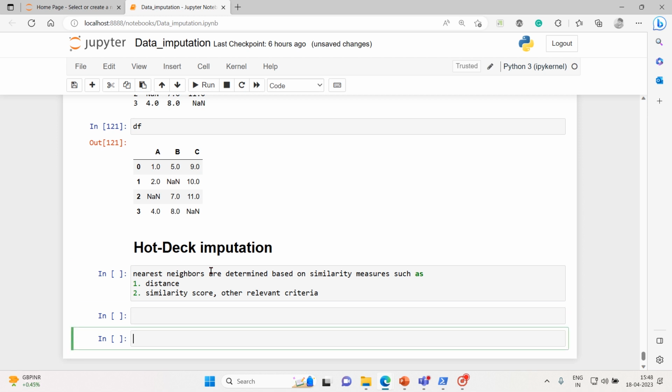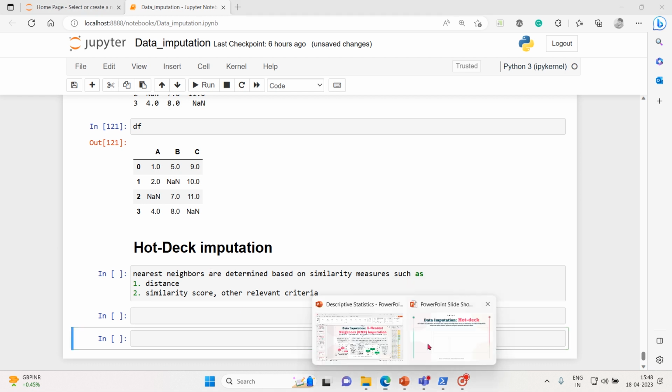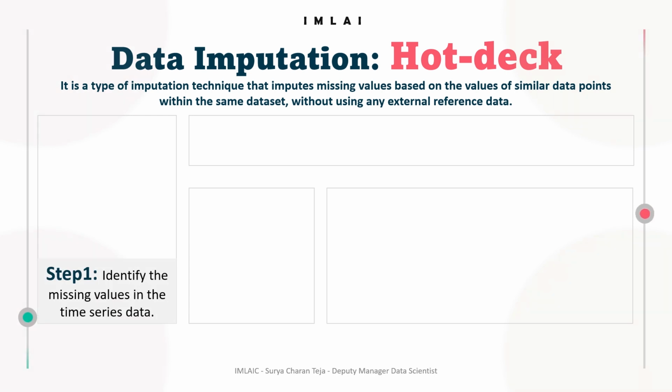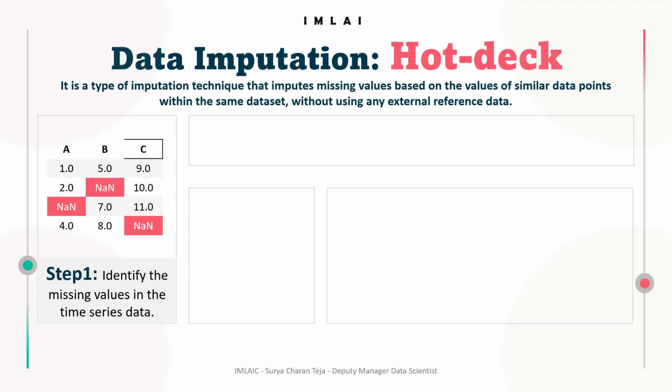so now let's look into the hot deck imputation process. Step by step. So first, as usual, let's identify the missing values in the time series data or any data set. It could be a time series data or just a data set. It doesn't need to be a time series data, any data set.